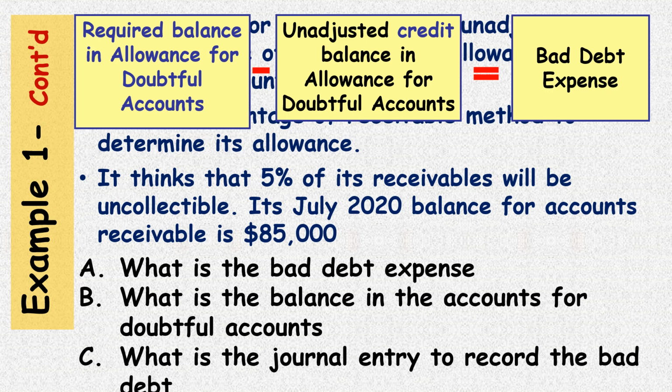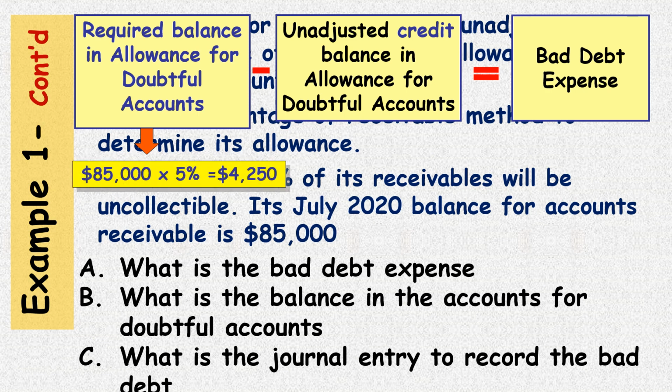So let's calculate the required balance first. As we know, we take the account receivable amount, which is $85,000 given in the question, multiply that by the expected bad debt percentage, which is 5%, and this will give us $4,250 as the required balance in the allowance account. We should have this much as the balance in our allowance account.